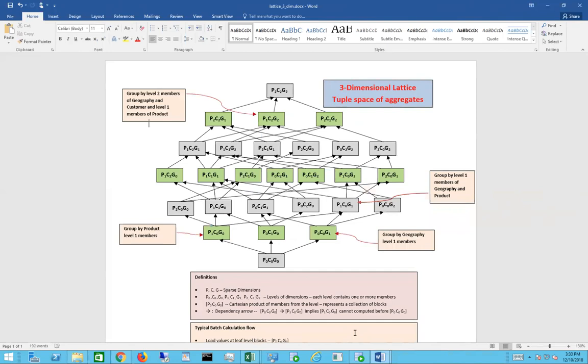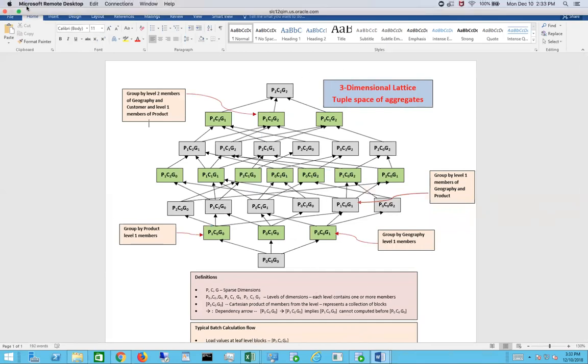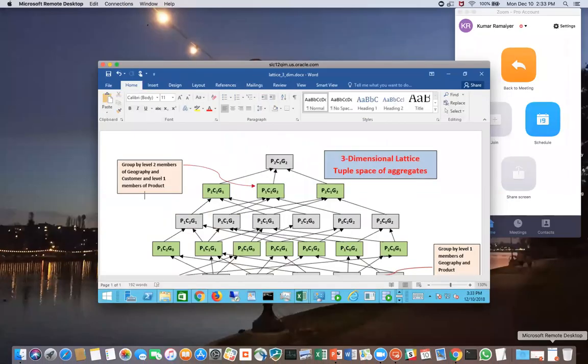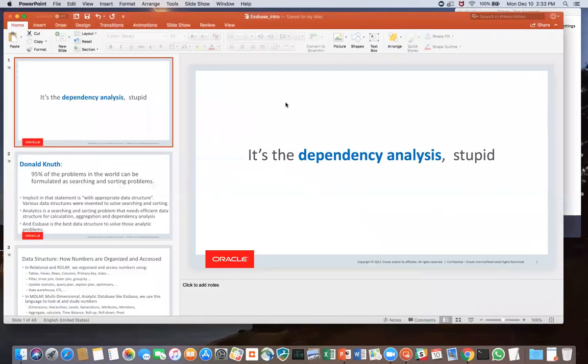I'm happy to say Essbase is such a data structure. Essbase is a purpose-built data structure for solving analytic problems. I'm trying to be cute here. If you're familiar with the early 90s presidential election, you may understand this quote: it's the dependency analysis, stupid.